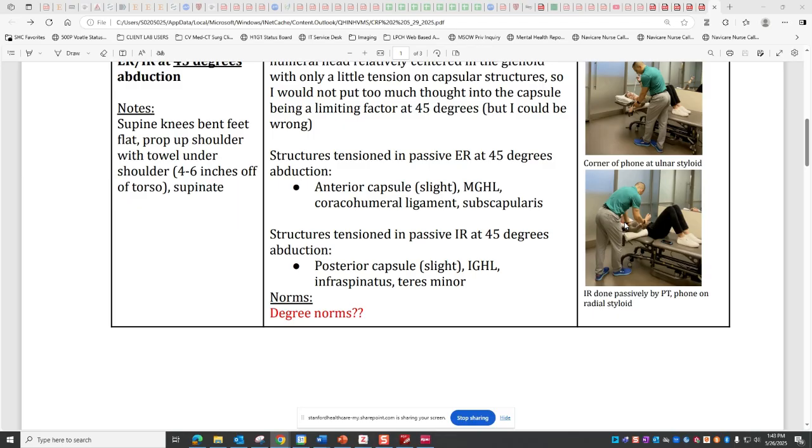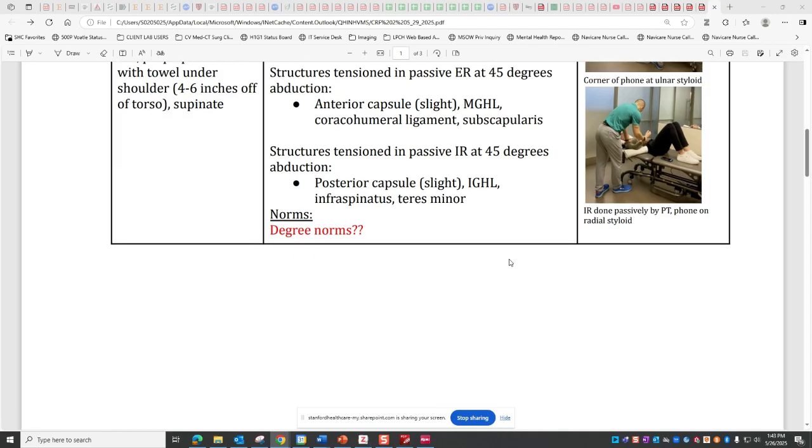You are really just stabilizing the scapula so that the motion is purely glenohumeral rather than scapular, thoracic as well, contributions. And then inhale and exhale at the end. Yep.